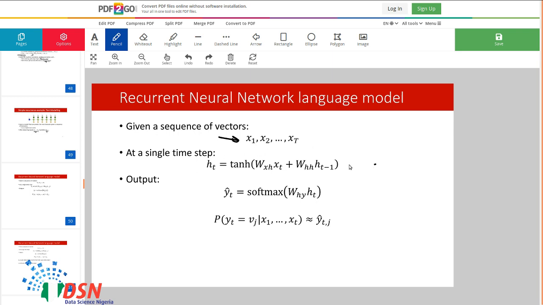And the hidden state, we know now how to calculate the hidden state, and the output is getting the softmax over the weights times the hidden state, and we could say that it is some kind of approximation to estimate the probability of what we are looking for.